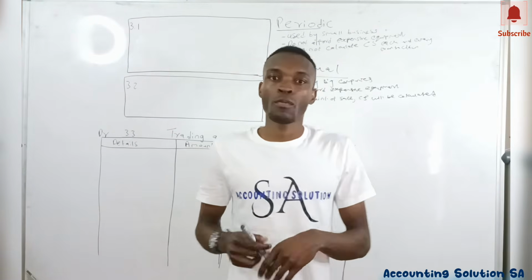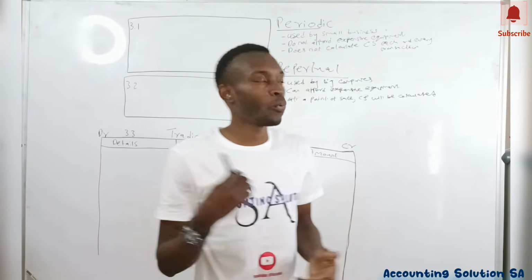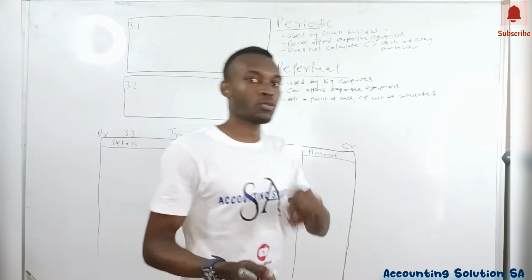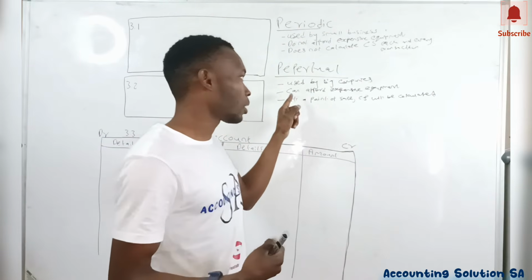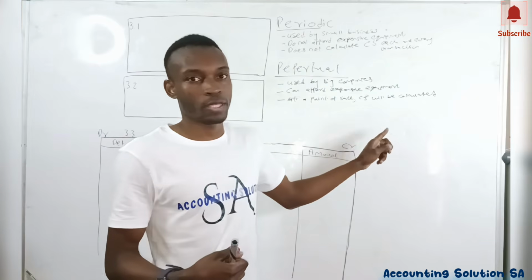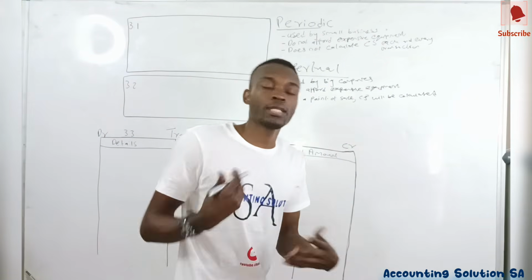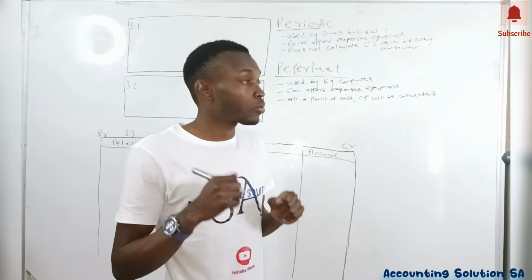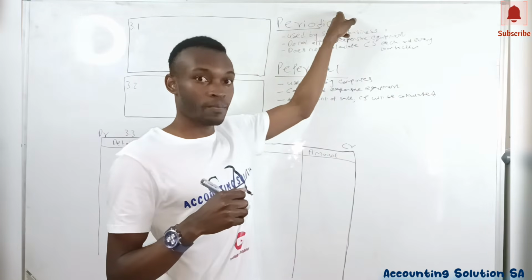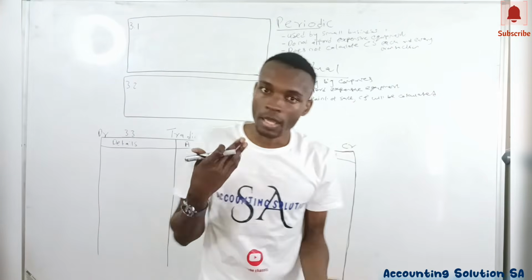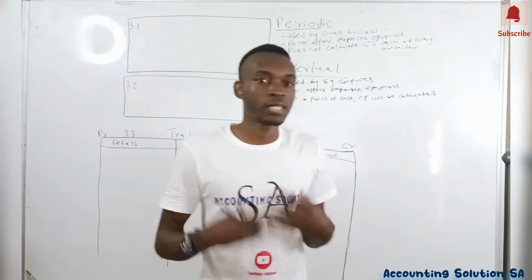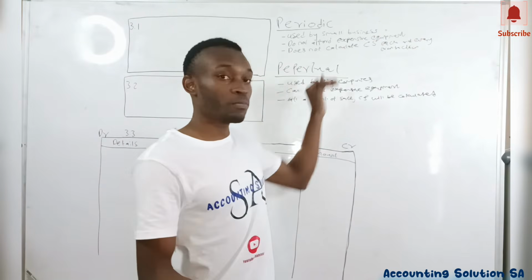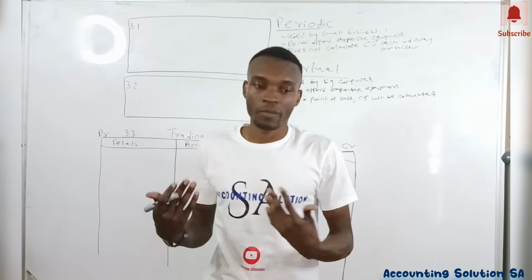Basically, normally they are going to request you to calculate a periodic. Why? Because a system is going to do everything, which means that because the test that you are going to write will be manual, you will be required to calculate a cost of sales under a periodic inventory system. However, you have to understand the basics behind a perpetual, because they can ask you the difference between these two methods as well.